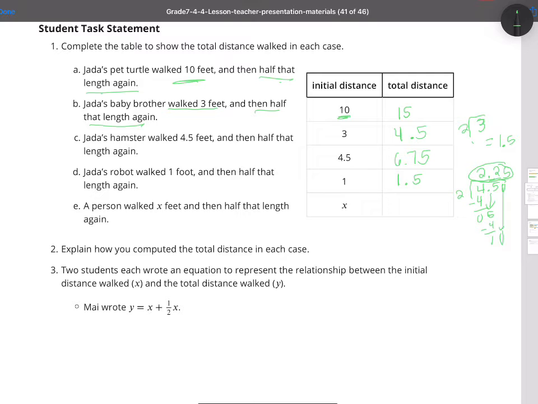But I want us to look at question 2. It said, explain how you computed the total distance in each case.